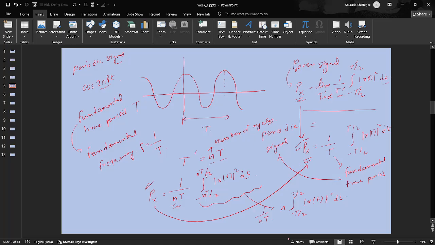So these n's both cancel out, and you are left with this expression which you have already mentioned, that is the power over one single cycle.